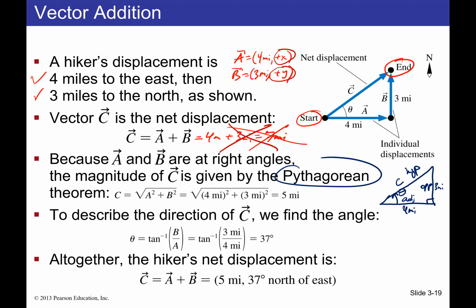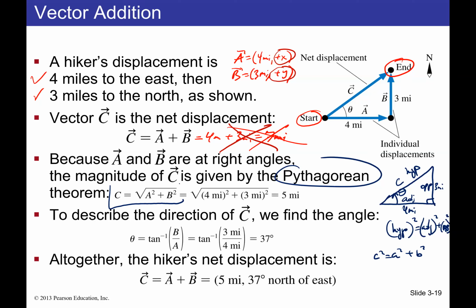So, if you remember, hypotenuse squared equals adjacent squared plus opposite squared, right? That means C squared equals A squared plus B squared.